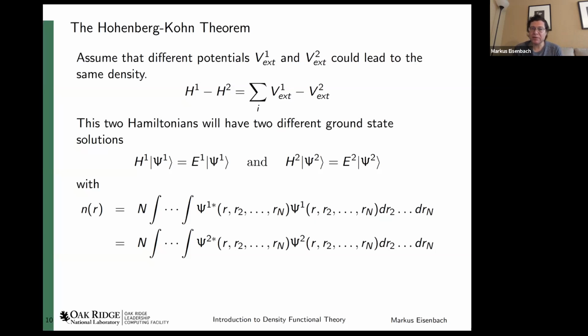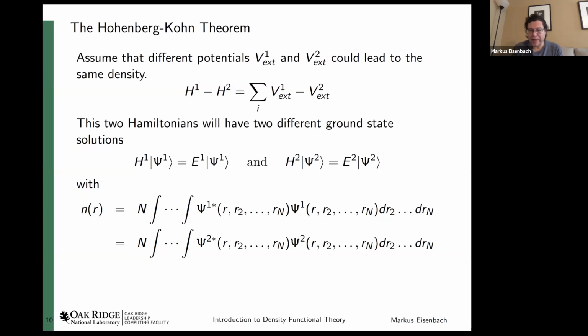These 2 Hamiltonians will have 2 different ground state solutions, and these capital Psi's are the many-body wave functions. So there's Psi1, which is the solution for H1, and Psi2, which is the solution for H2 with energies E1 and E2.